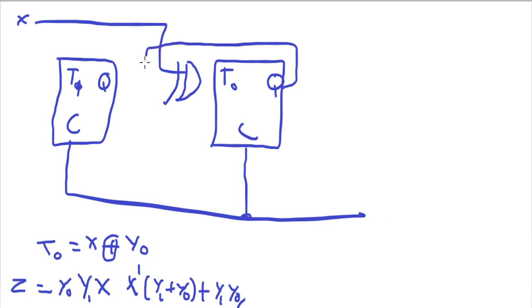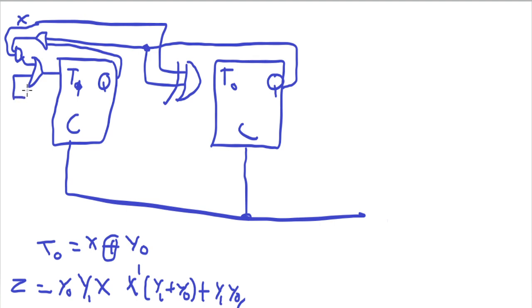Okay. So input for T0 is exclusive OR between X and itself. Input for T1 is the OR of the AND of the OR of T0 and T1 and X, and the AND of T1 and T0.